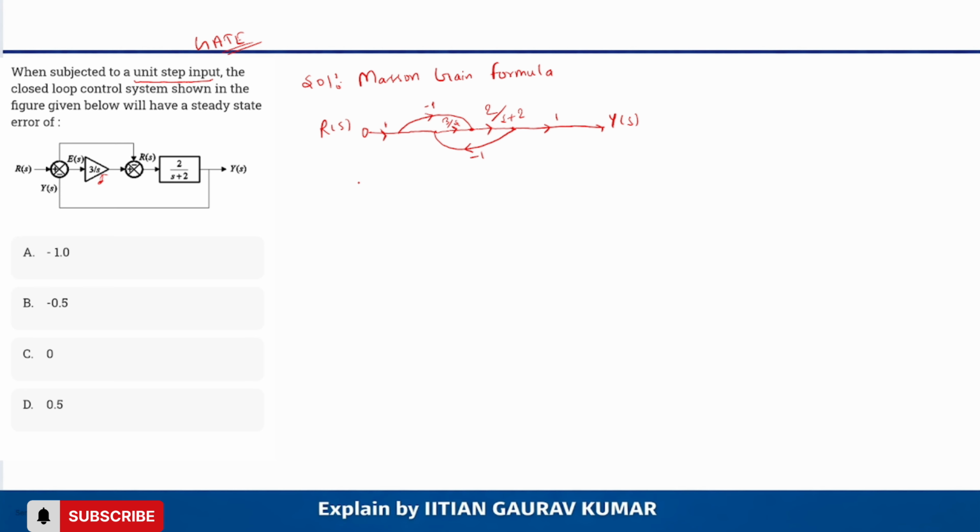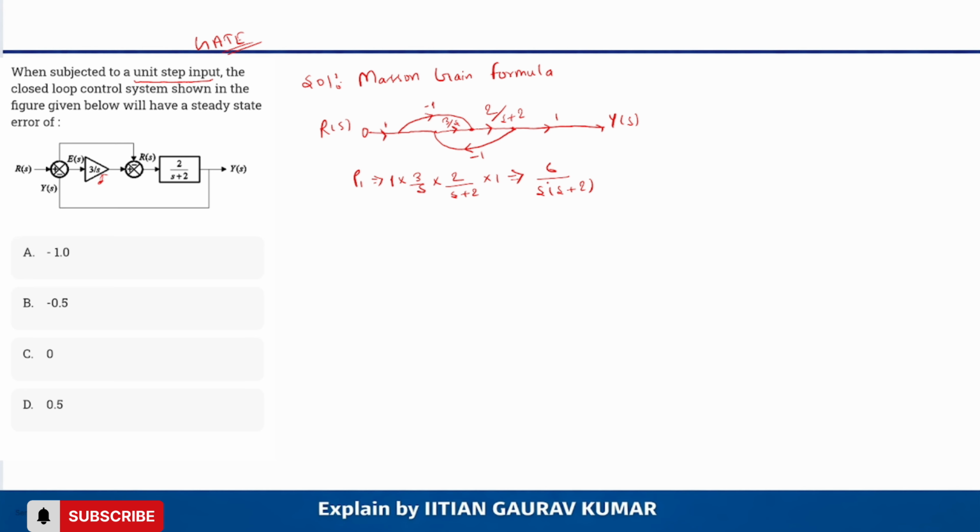So we have to find the forward paths. P1, from input to output, how many paths are there? I can see only 2 paths are there, and this is the single straight forward line. So 1 into 3 by s into 2 by s plus 2 into 1. After calculation, 3 times 2 is 6, so P1 is 6 by s into s plus 2.